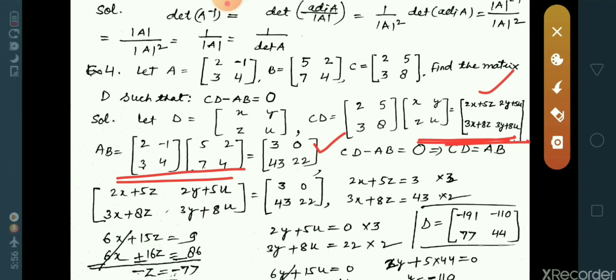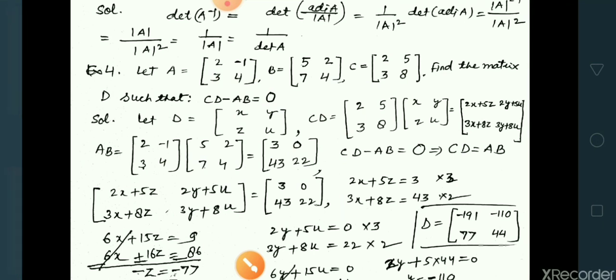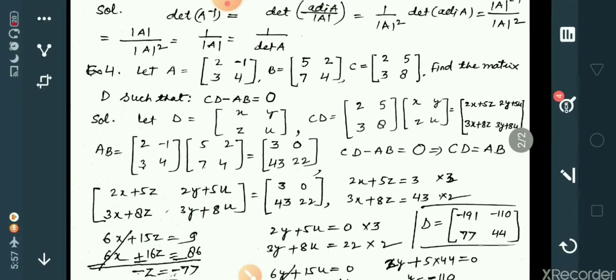Recall that CD minus AB is equal to the null matrix, and if we transpose AB to the RHS, we shall get CD is equal to AB, because from our past knowledge, if we add a null matrix to any matrix, we get the matrix itself. Now, since these two are equal matrices, their respective elements will be equal, and after solving these equations we shall get the required matrix D.